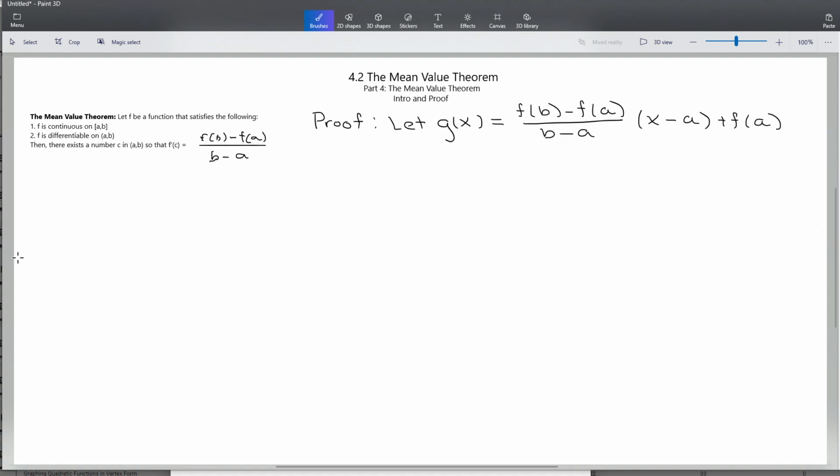And then we're going to say that we know that g of x is continuous and that it's differentiable.